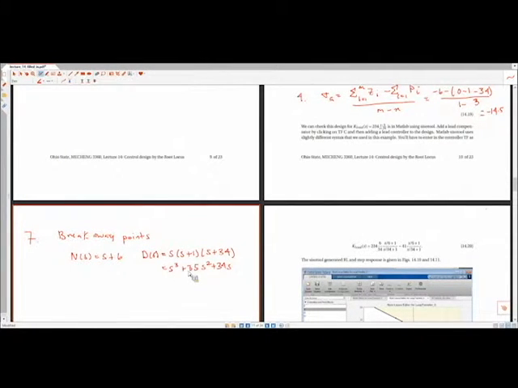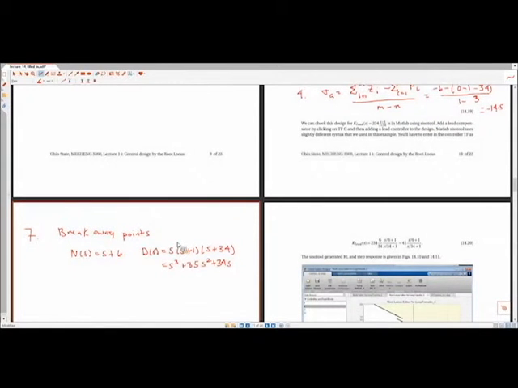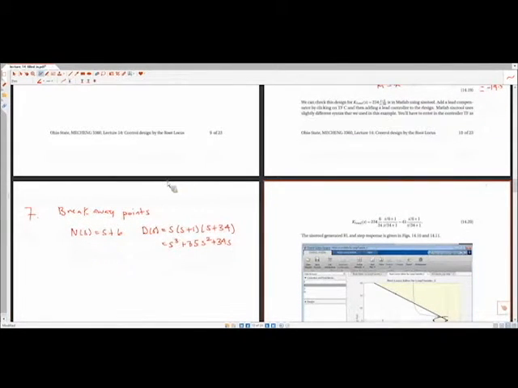So I'm going to be using the function that's derivative of d of s with respect to s, times n of s, minus derivative of n of s with respect to s, times d of s, has to be equal to 0. Looking at derivative of d of s with respect to s, that's going to be 3s squared plus 70s plus 34.